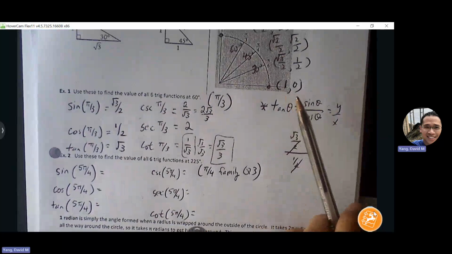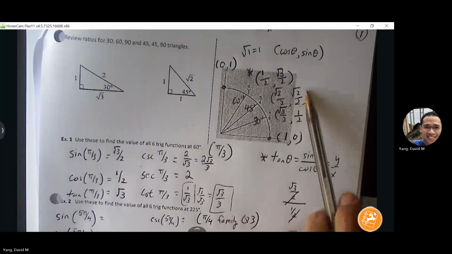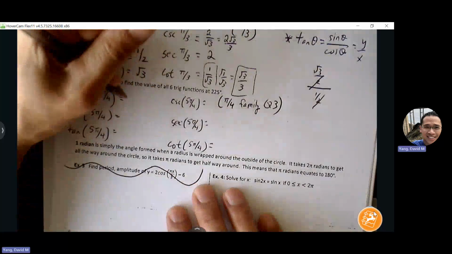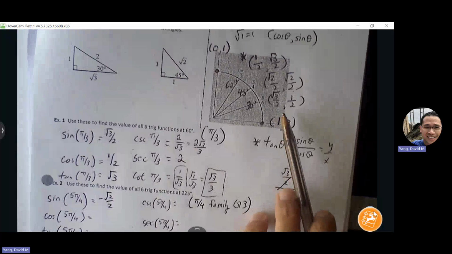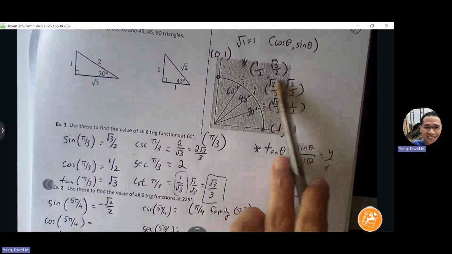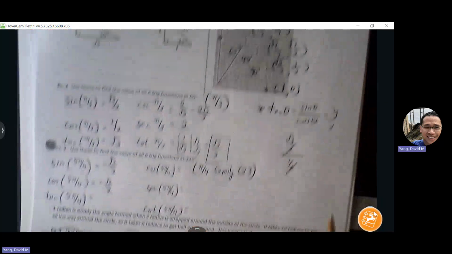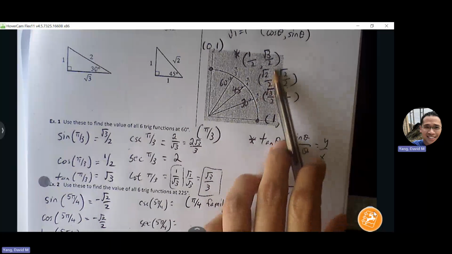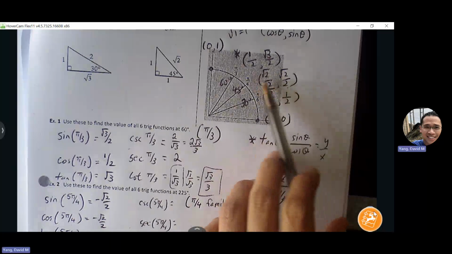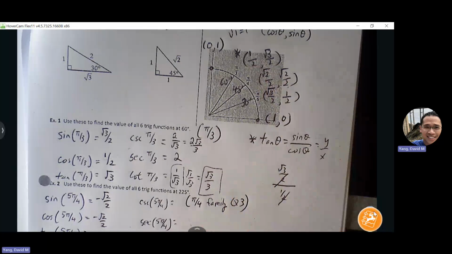So what's sine of 5π/4? -√2/2. Okay, what's cosine of 5π/4? Yeah, x value, right? What's tangent of 5π/4? 1, right? Because I have -√2/2 divided by -√2/2. These will just cancel out. All I'm left with is a +1. Two negatives also makes a positive.